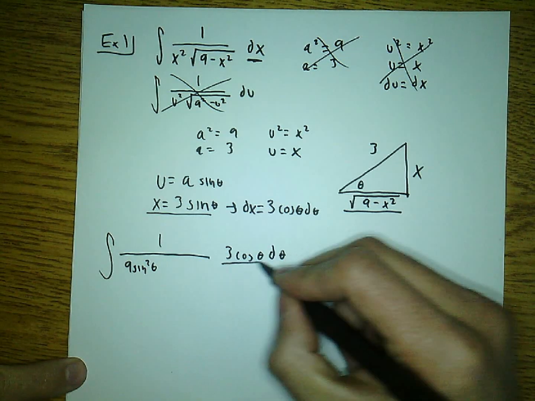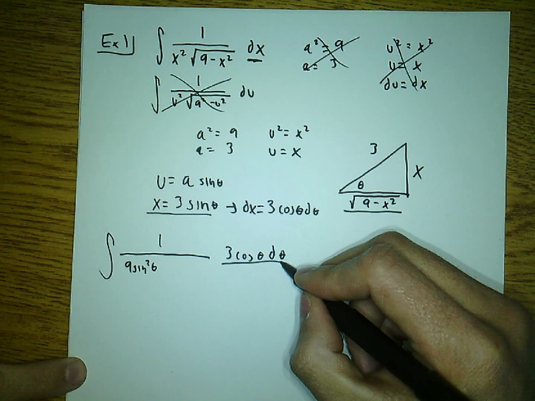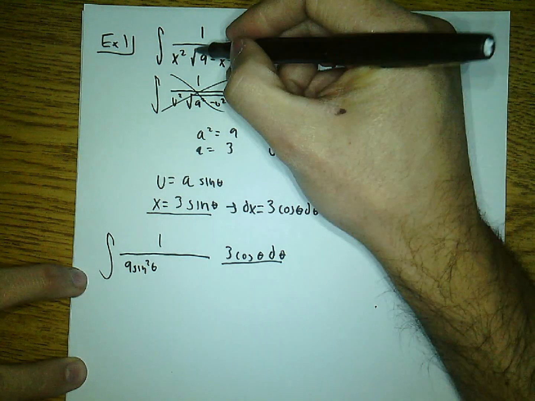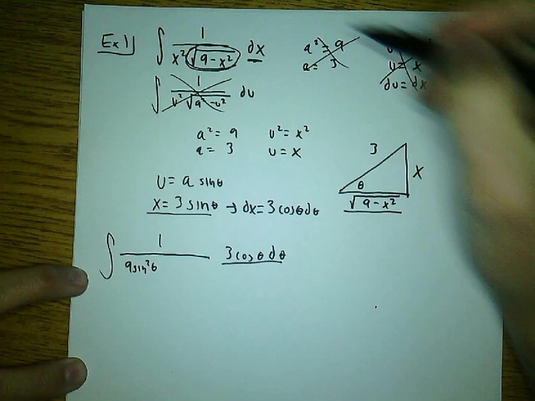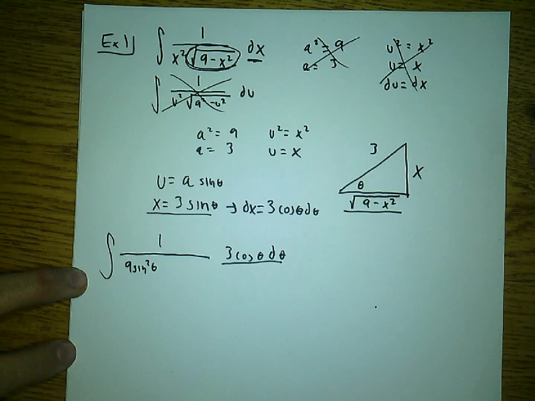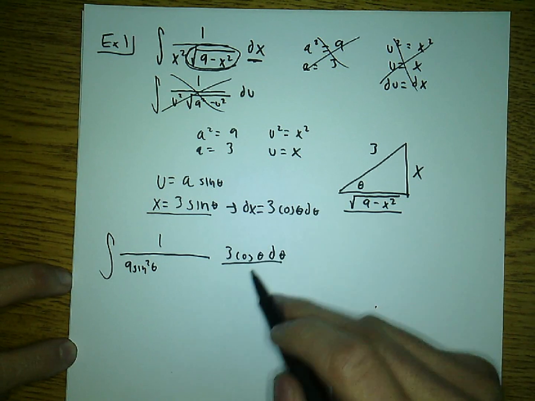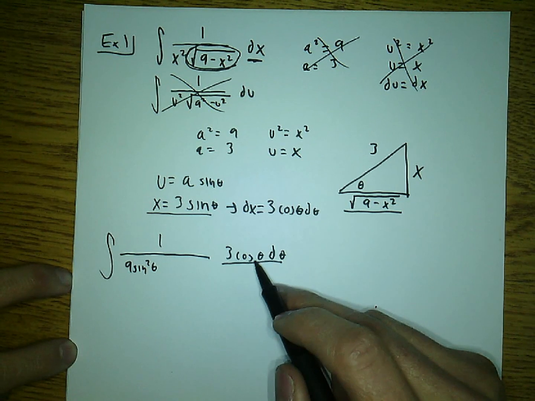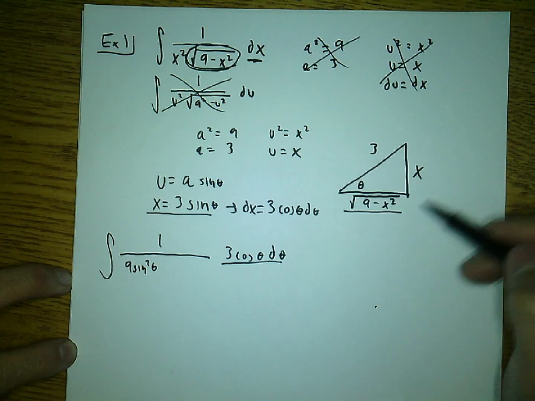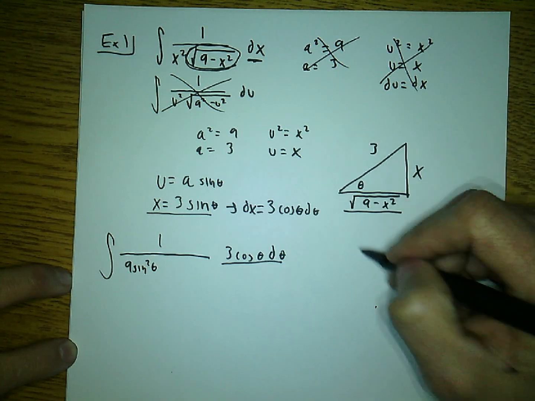Because based on this, I'm going to make a decision of how I'm going to replace this term right here, the square root of 9 minus x squared. I want to make my problems easy, right? So I want to make this go away if possible. So because this is cosine, I want to find the cosine of this triangle. So tell me, what's the cosine of this triangle?